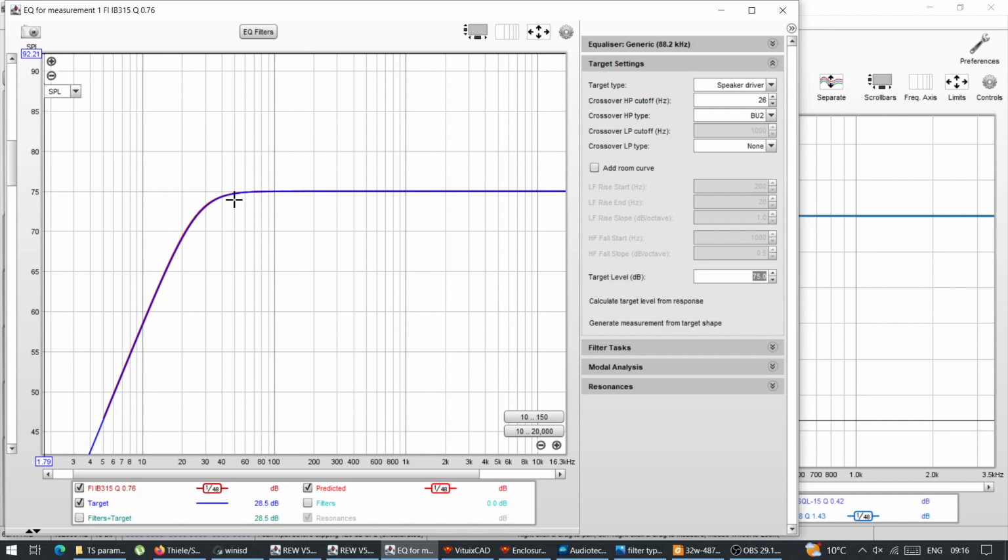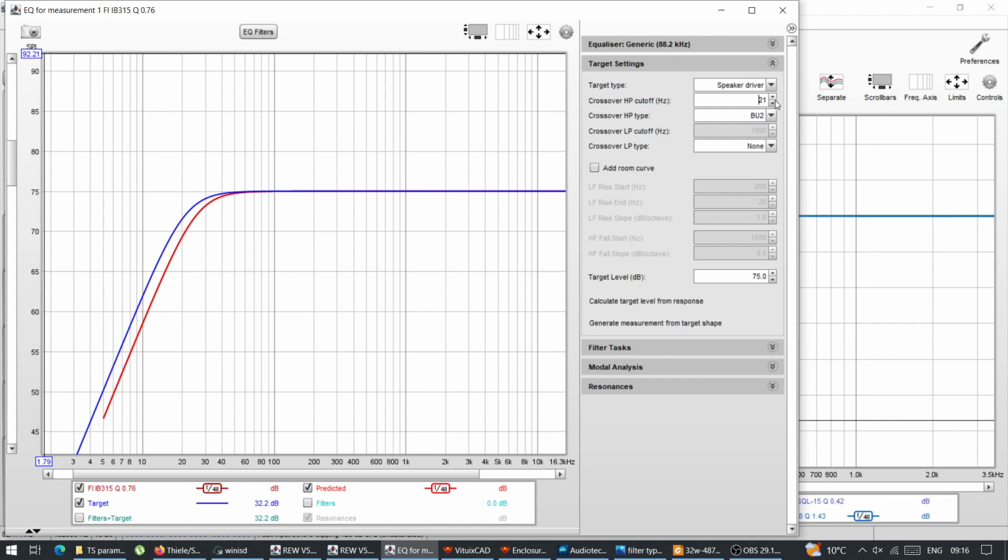The electrical Q of the driver acts as a crossover, like a mechanical electrical crossover that you don't have to apply in the DSP, but the driver itself has it. And it's 26 hertz.